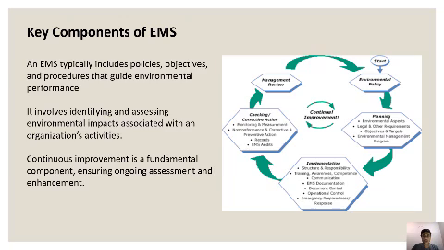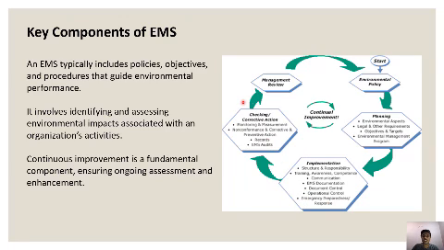Here in the figure, they are given the key components of EMS, with management review. First, starting with environmental policy and planning: environmental aspects, legal and other requirements, objectives and targets, environmental management program. Next step is implementation: structure and responsibility, training, awareness, competence, communication, EMS documentation, document control, operational control, emergency preparedness and response.